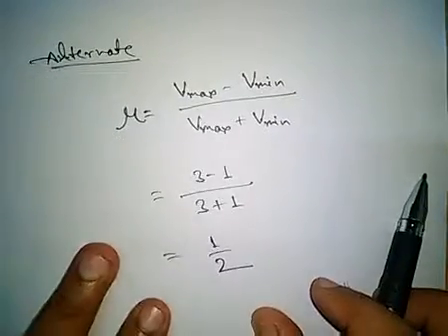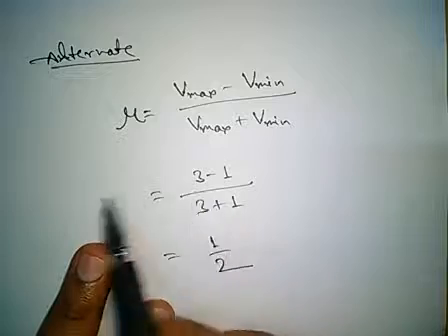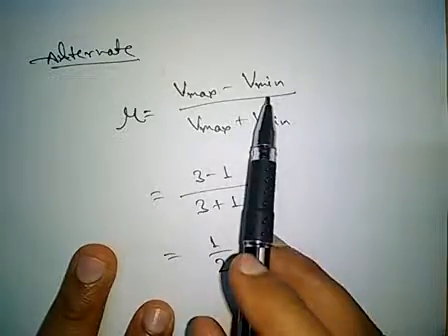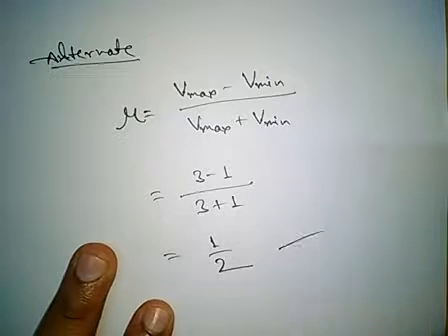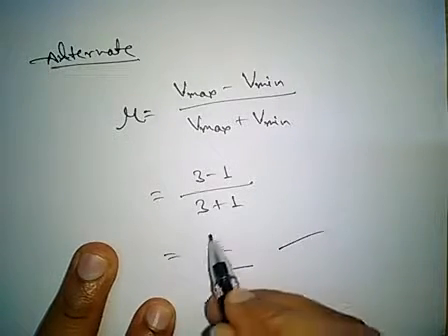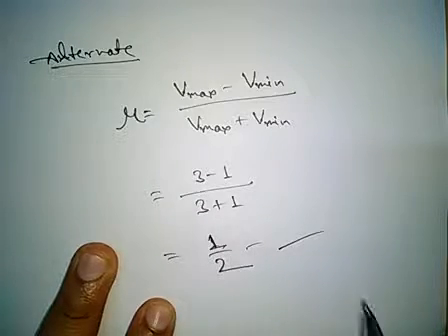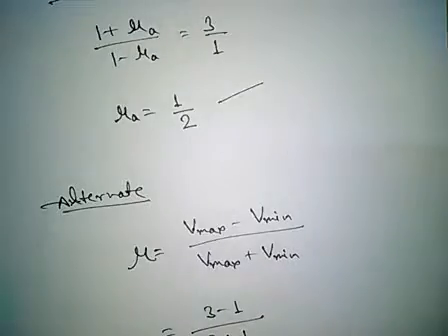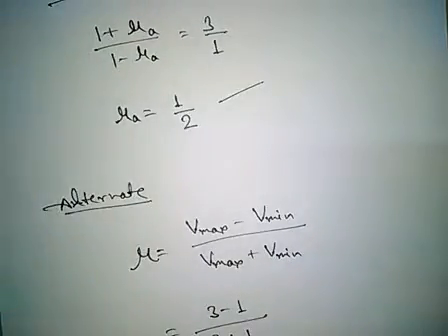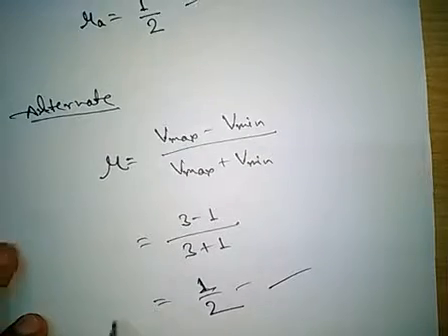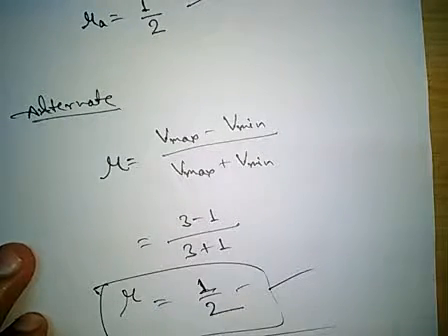The maximum envelope is 3 and the minimum is 1, so 3 minus 1 over 3 plus 1, which after dividing gives 1 by 2. So this is the modulation index value of the AM wave. The technique used here is just a derivation of the above one, but you can use it directly in the exam to save time.